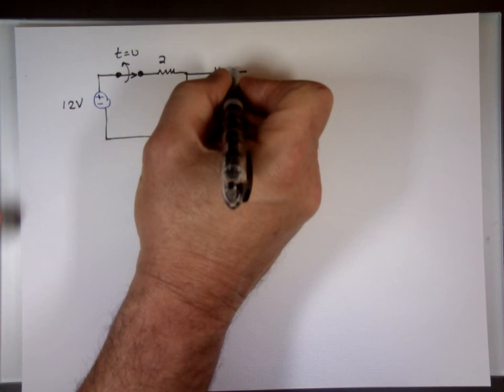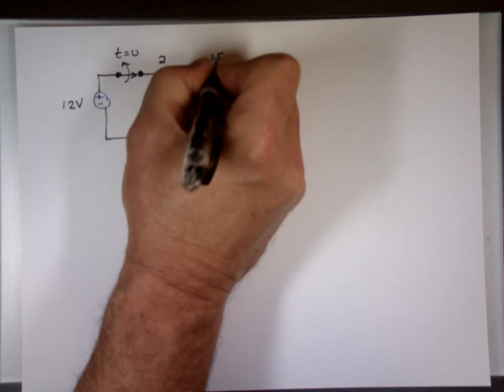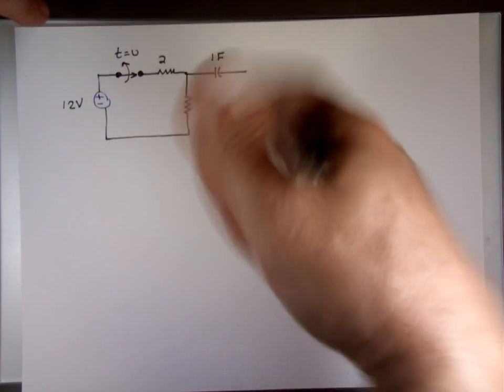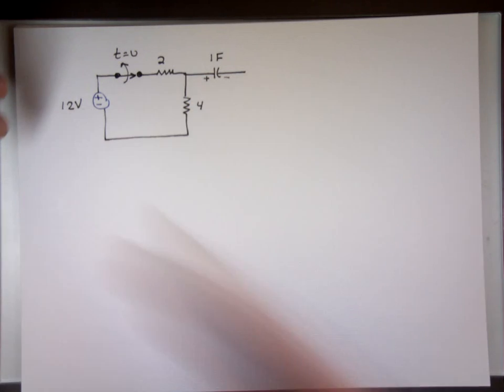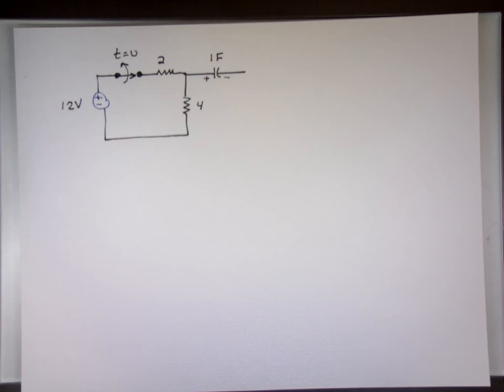A capacitor of 1 farad. Notice I drew them with the curved side on the right, that means that's the minus, and that's the plus. That's what it means when you see them drawn that way.